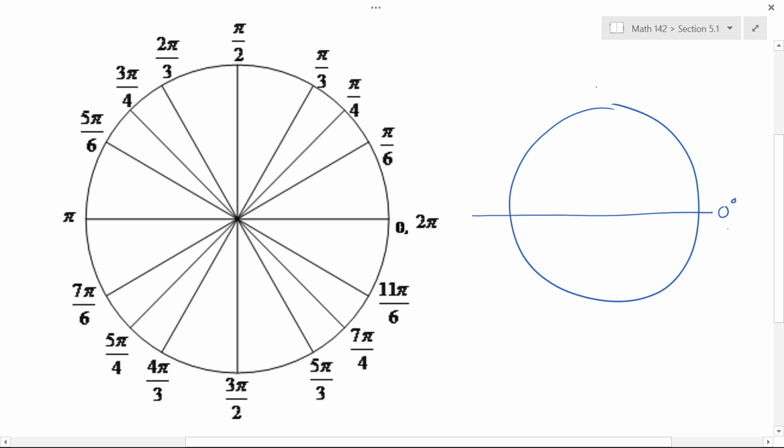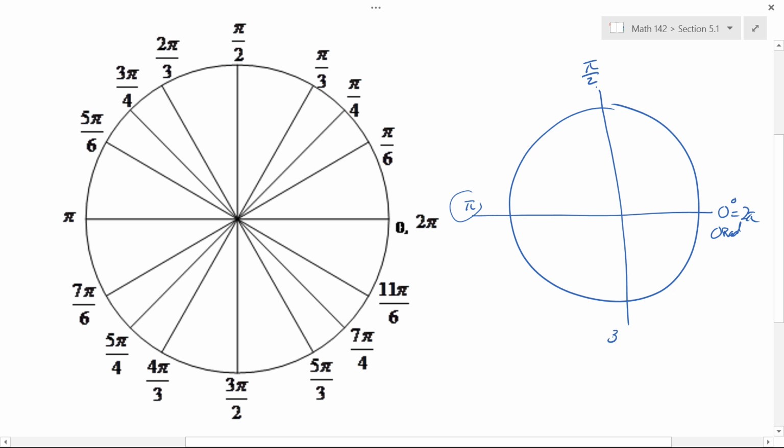This is 0 degrees. All the way around is the same thing as, or not degrees, it's also 0 radians. That's the same thing as 2 pi radians. Halfway around is pi. Then they split it, my artistic abilities are lacking, they split it in quarters. Okay. If this is pi, they just cut it in half and they got pi over 2.